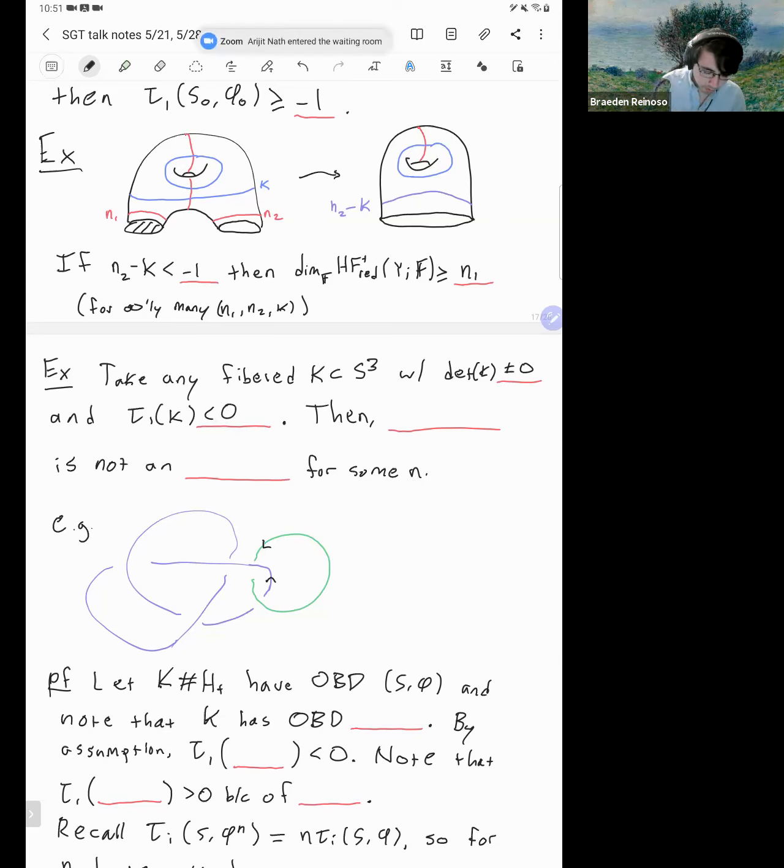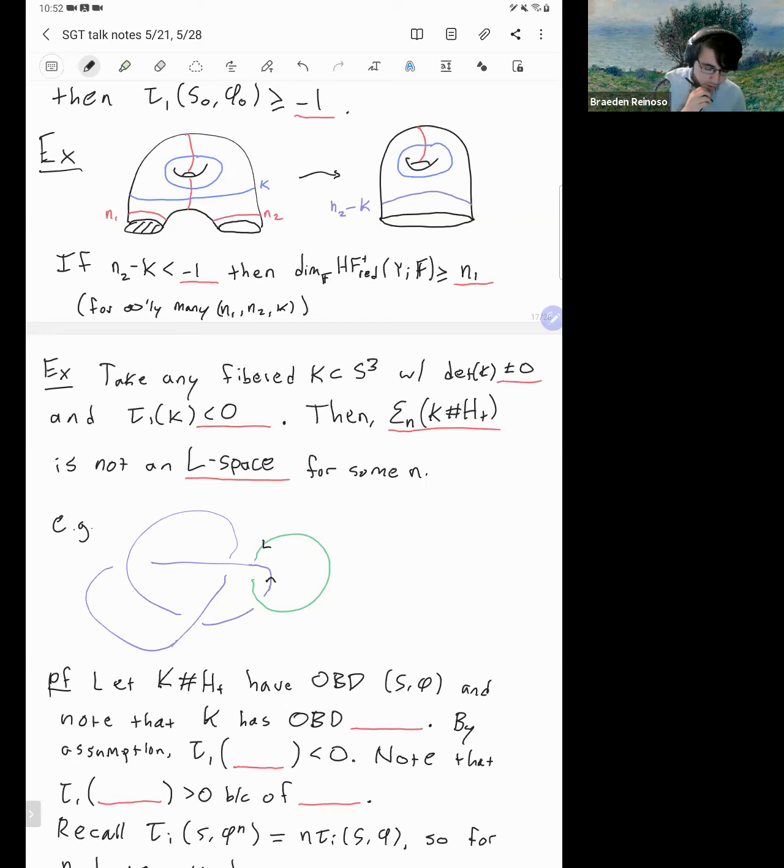Well, then what you could do is you could take the cyclic branched cover over K connect sum the positive Hopf link. And if you're interested in, say, the L-space conjecture or something similar, then it turns out that this cyclic branched cover is not an L-space for some large enough n.